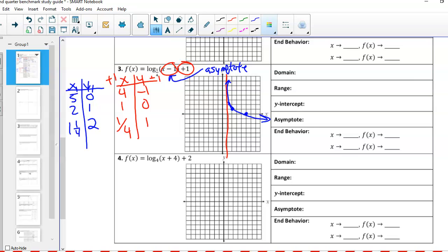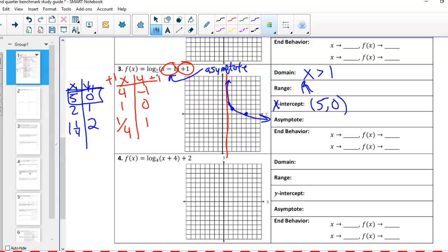What would your domain of this be? X is greater than 1. Your range? All real numbers. This is a typo. I should have said x-intercept, not y-intercept. Your x-intercept is actually in your table. 5, 0.